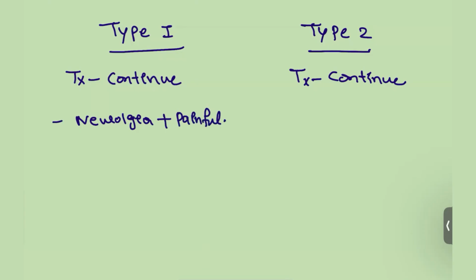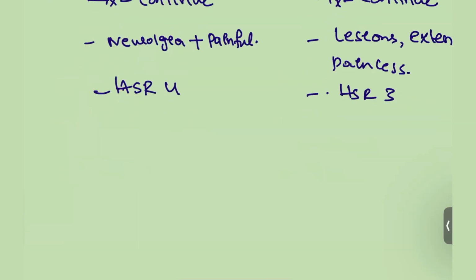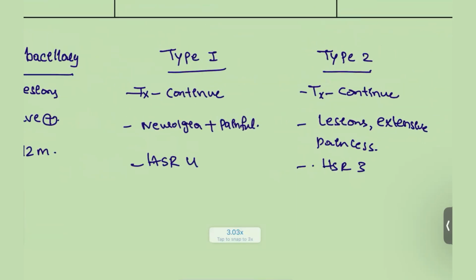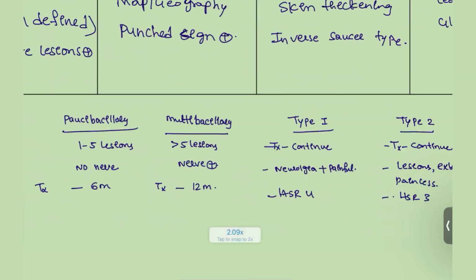Type 2 is associated with extensive, painless lesions. What is the hypersensitivity reaction? Hypersensitivity reaction 4 and hypersensitivity reaction 3. Rule of 5. This is what we are going to follow for patients of leprosy.